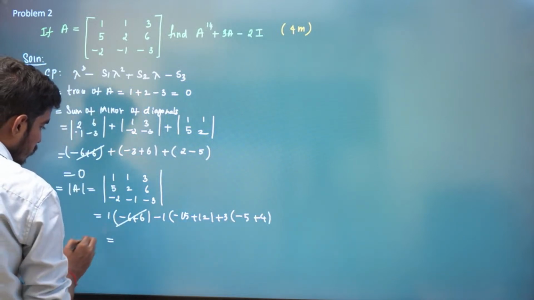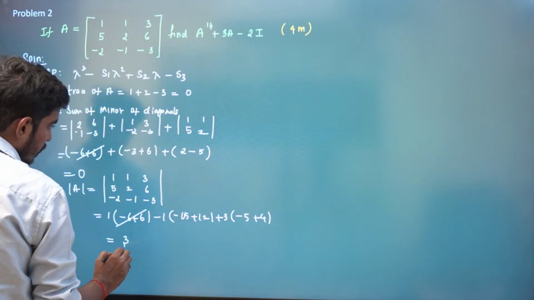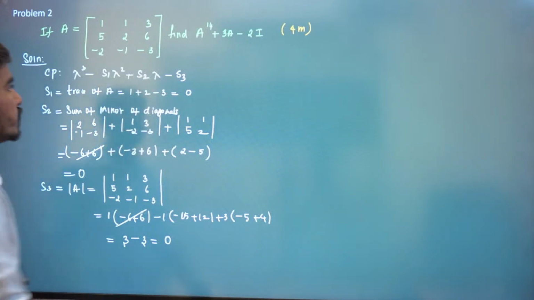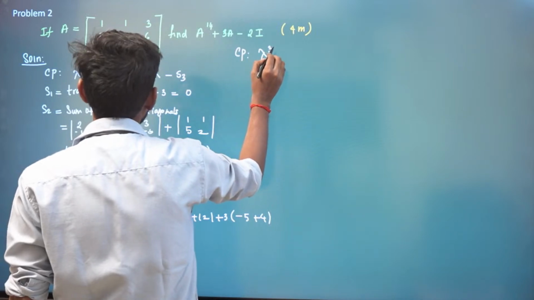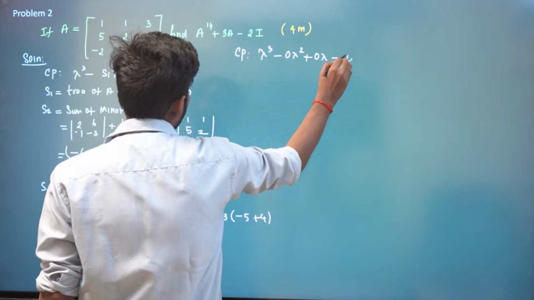So this will be 0. So you will have minus 3, this is plus 3, and then here we have minus 3. So determinant is also equal to 0. So the characteristic polynomial is given by lambda cube minus 0 lambda square plus 0 lambda minus 0.